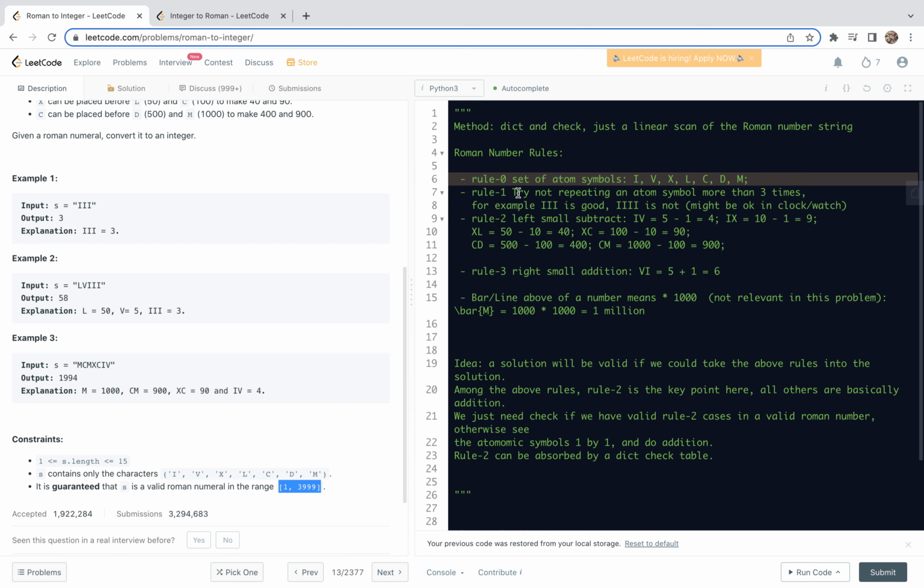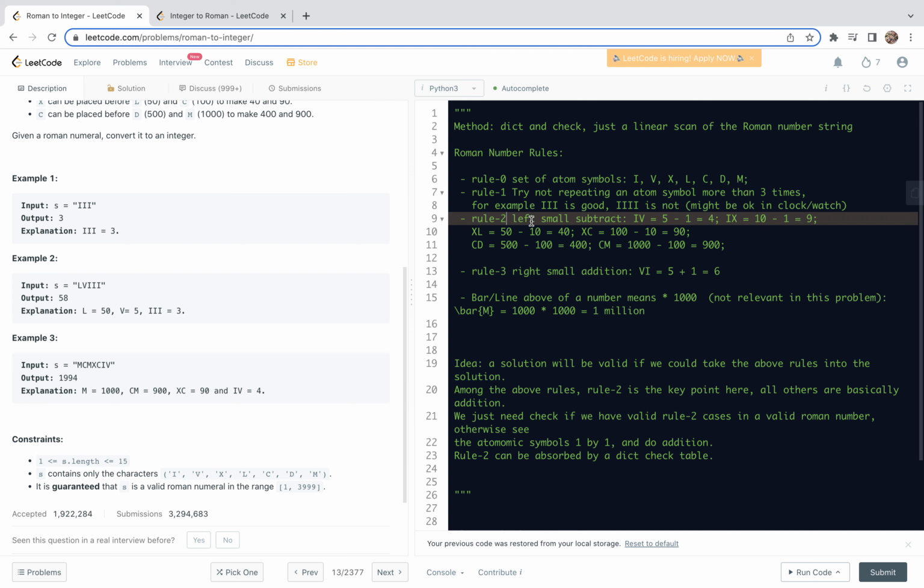Rule 1 is that we try not repeating an atomic symbol more than 3 times. For example, I repeated 3 times is good for 3. In general, we do not write 4 as four I's repeated, although in some clocks or watches this form is still used. So this is rule 1.